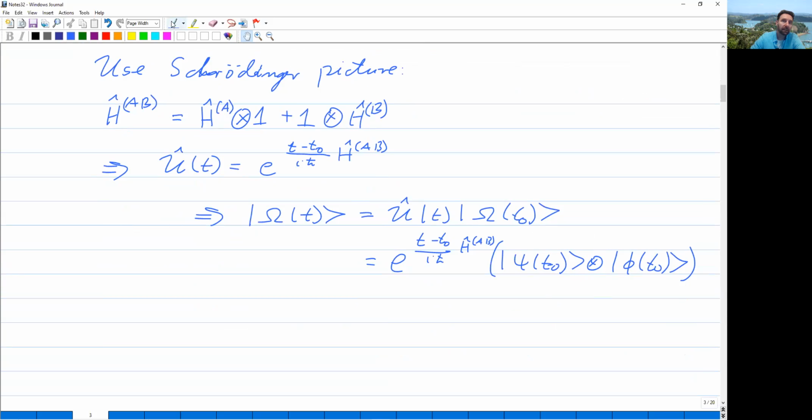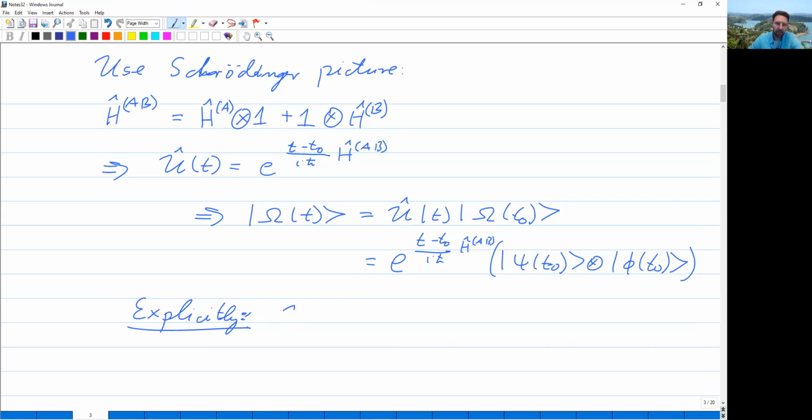Now we can evaluate this a little bit further, namely explicitly. What does this mean for the subsystems? We've just solved the dynamics for the total system AB, but what does this mean for the subsystems A and B? Well, let's see.